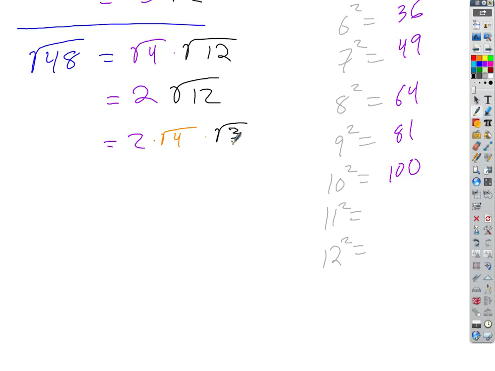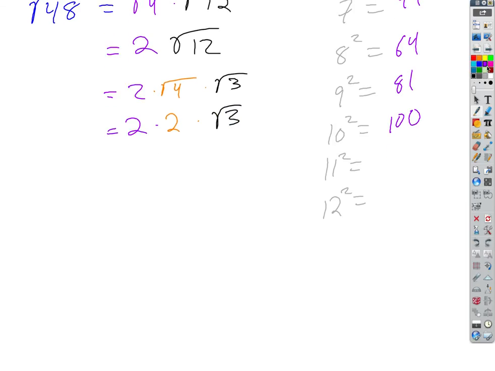And what's the square root of 4? 2, right? So we end up with 2 times 2 times the square root of 3, which is really just 4 times the square root of 3.